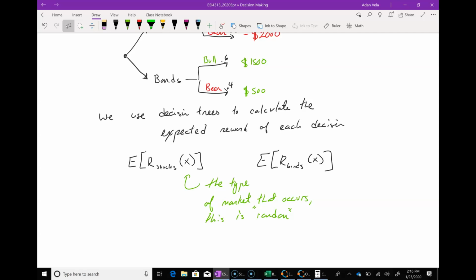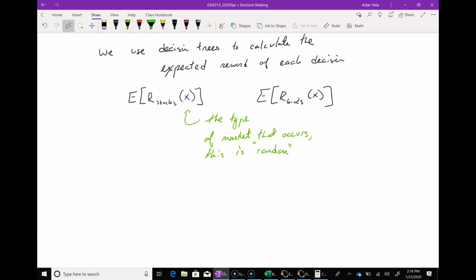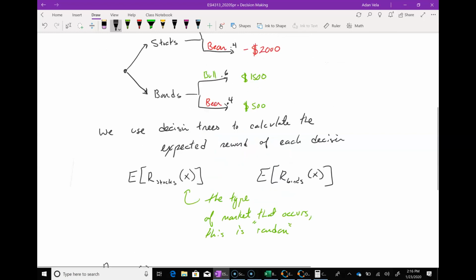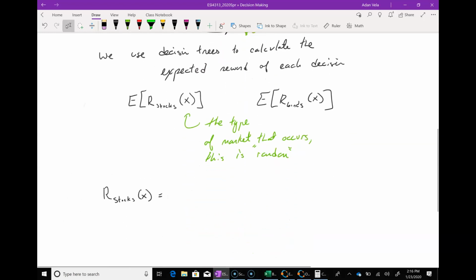So with that, we need to actually write out what the reward functions are. We kind of have it in this tree already, but I'm going to make it a little bit more explicit.